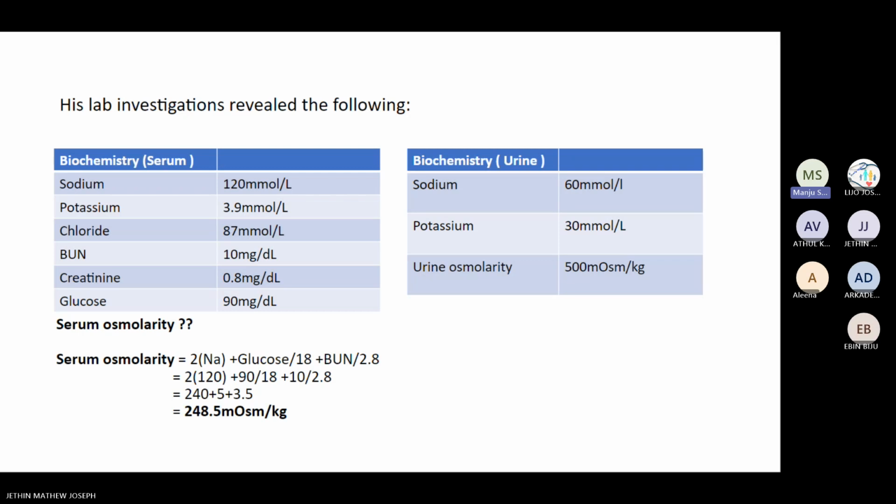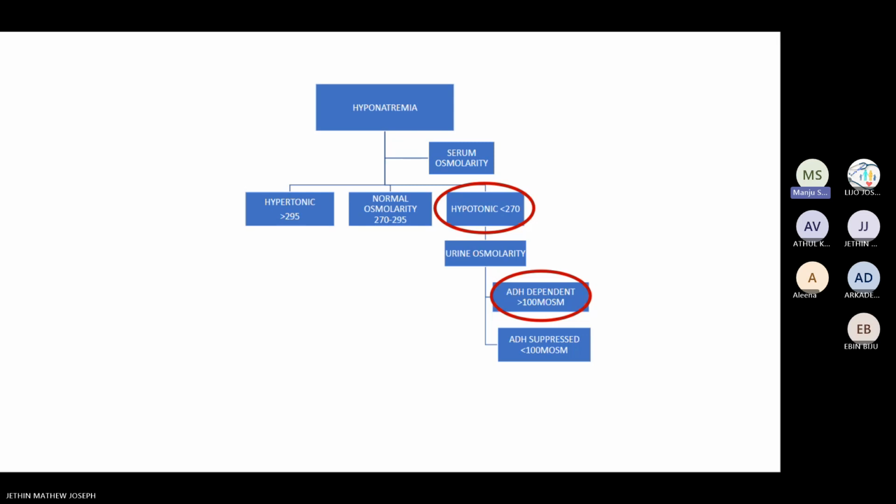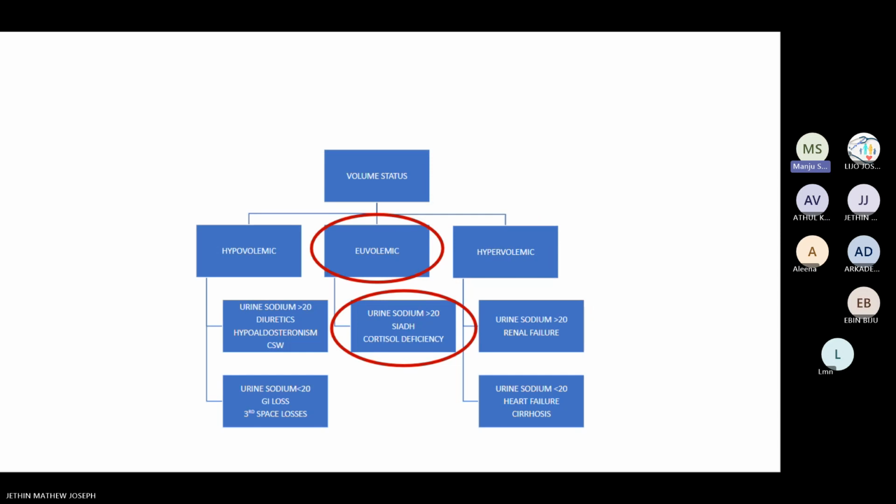So with the formula, you find the serum osmolarity is low. It's less than 275. So definitely this patient also falls into the hypotonic hyponatremia. And once again, his urine osmolarity is high. So he is also in the ADH dependent group. Now, coming to the volume status of the patient.